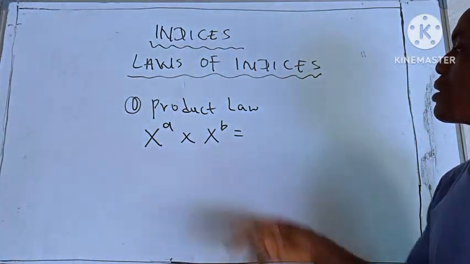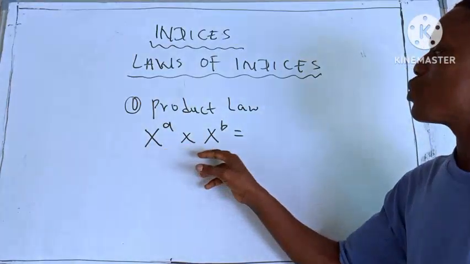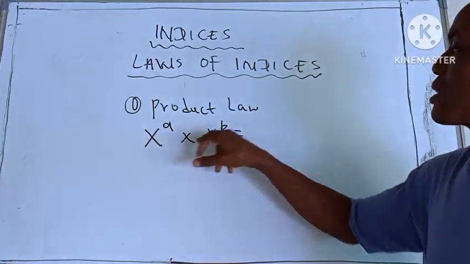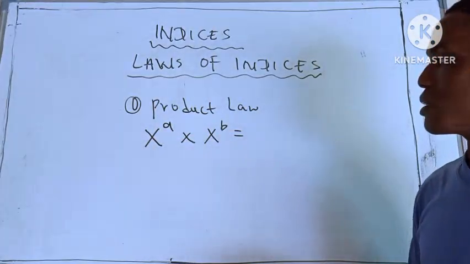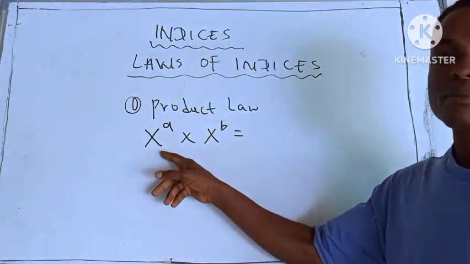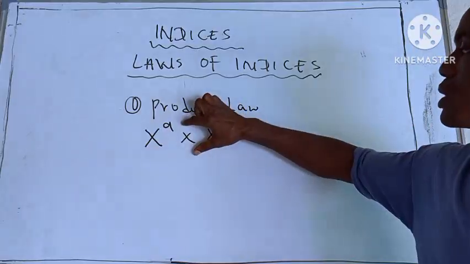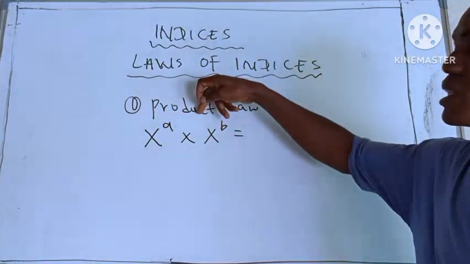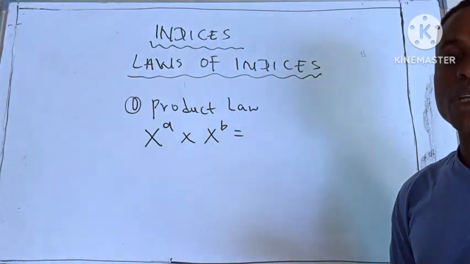So whenever we have the same bases, you notice that x and x are the same alphabet, and the middle is multiplication, what you need to do is to add the upper alphabet or the upper numbers.